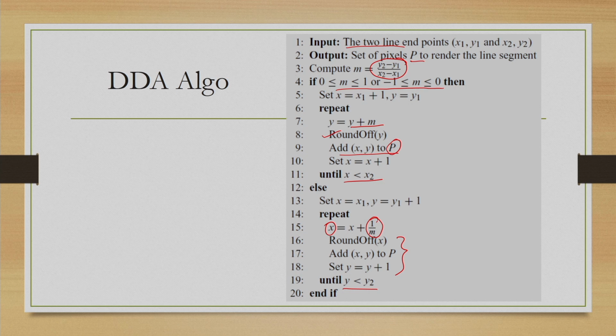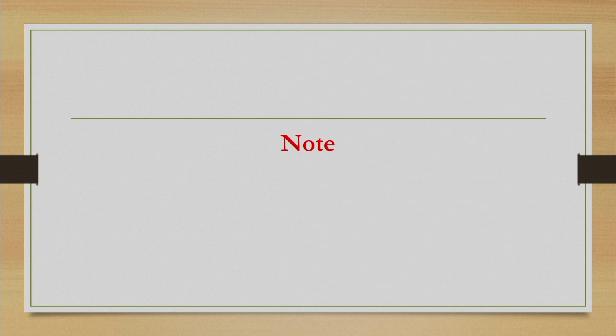So, that is how we improve on the simple line scan conversion approach by exploiting one particular property, that is, we can compute the successive x or y values by simply adding a constant term. This is clearly some improvement over the simple approach. However, there are still issues.